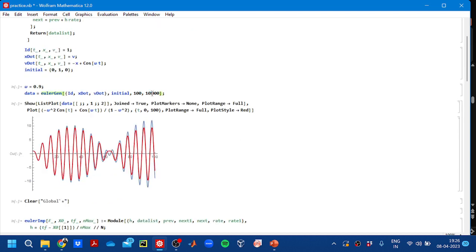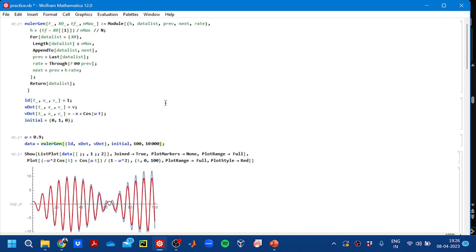If we work on the same problem using different methods like RK2 or RK4, then a smaller number of data points will give us a better result compared to the Euler method.